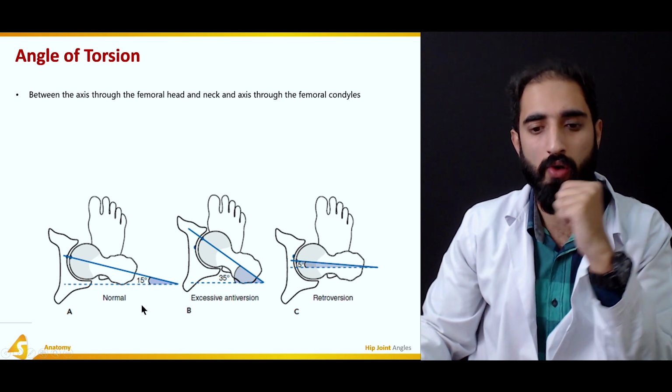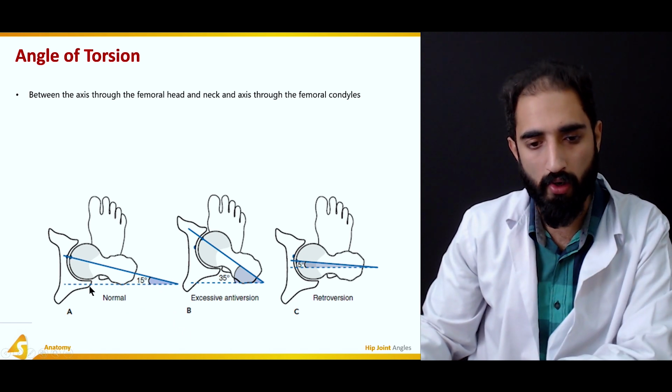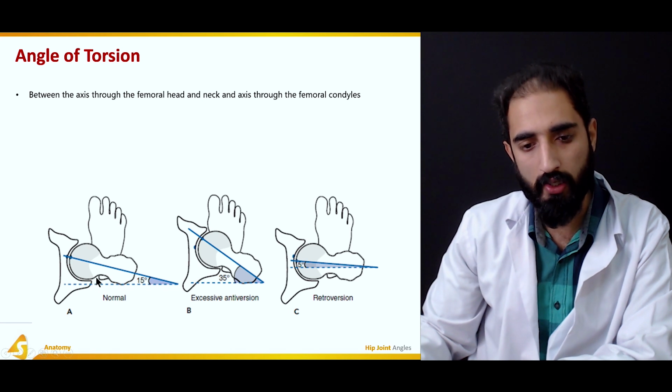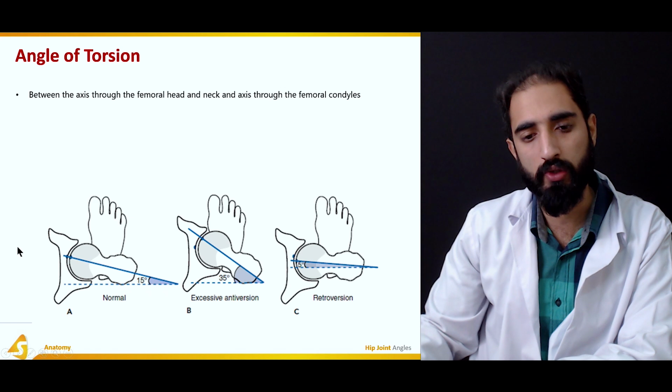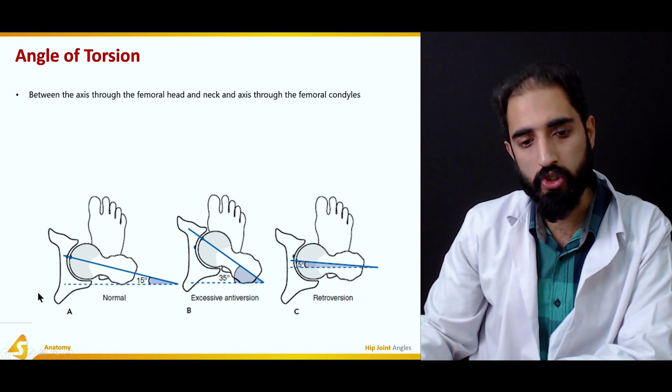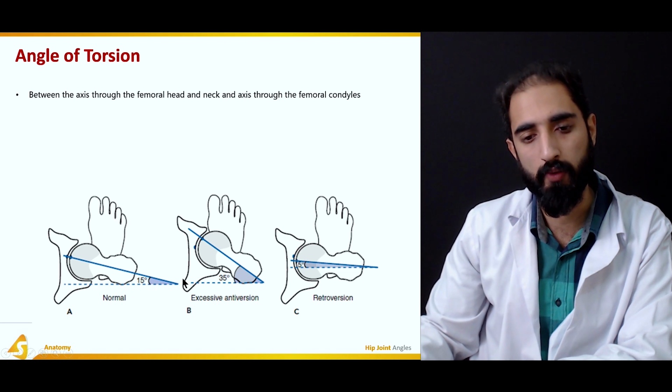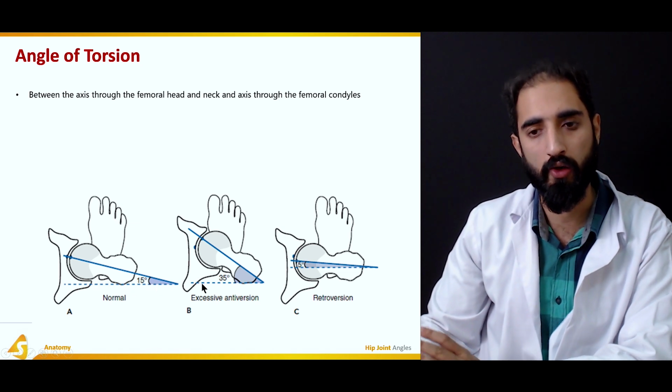Then we draw another line: if we look at the femoral condyles, we join the posterior aspect of the femoral condyles with a straight line. The angle that the line passing through the head and neck makes with the line touching the posterior aspect of the femoral condyles is known as the angle of torsion.